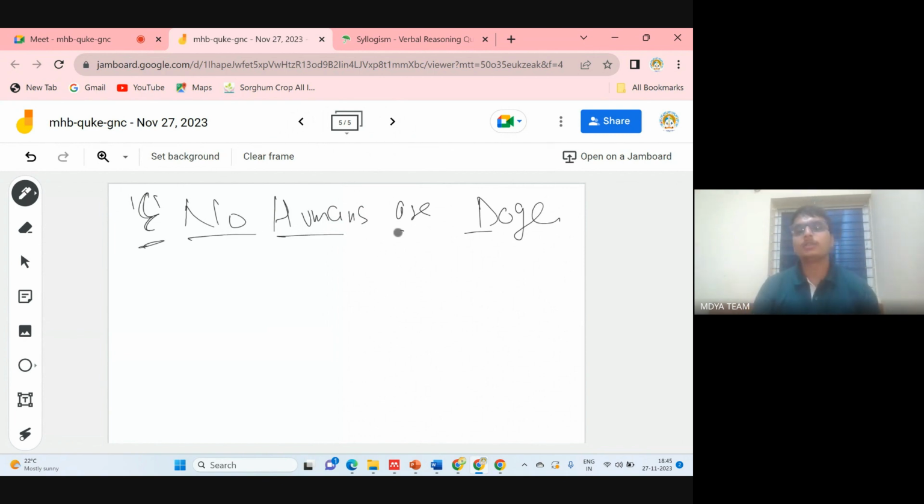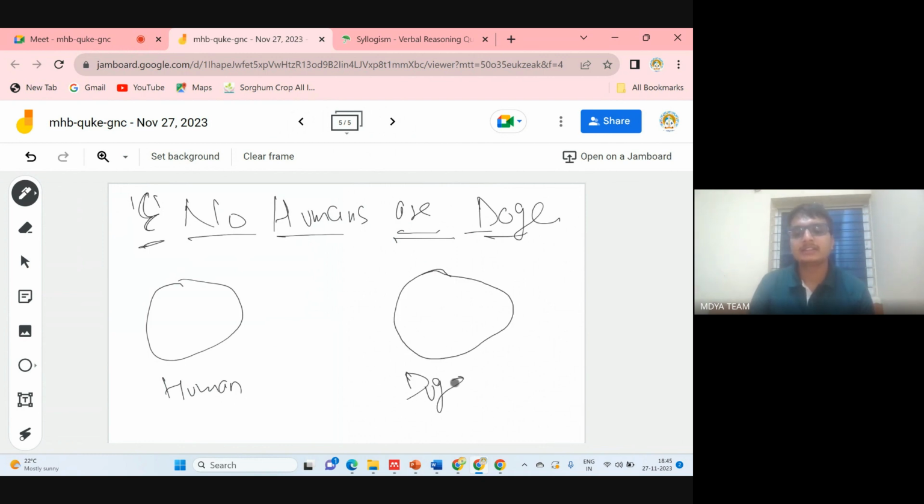So how will we draw it? We will draw a circle of human and a second circle of dog. These two circles will not coincide, because this is different, this is different. No humans are dogs means no part of human comes under the area of the circle of dogs.